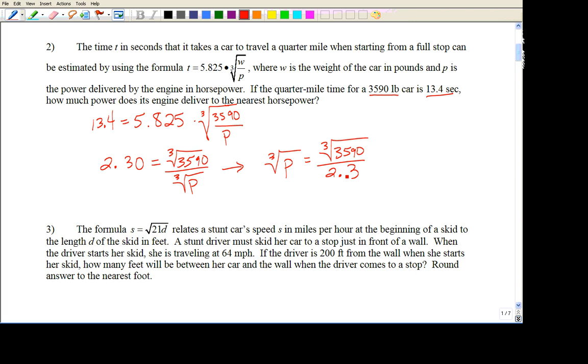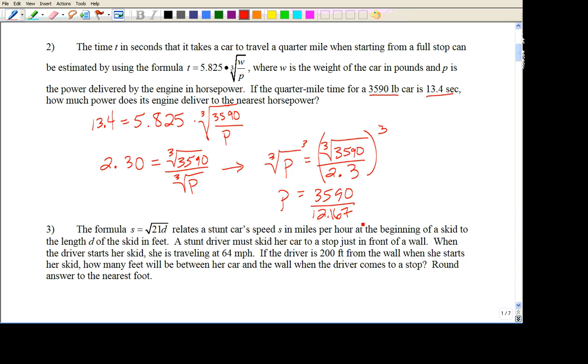Okay. But I want to get P by itself, so I'm going to cube both sides. So here, the cube root of P cubed is just P, and then the cube root of 3,590 cubed is 3,590, and 2.3 cubed is 12.167.